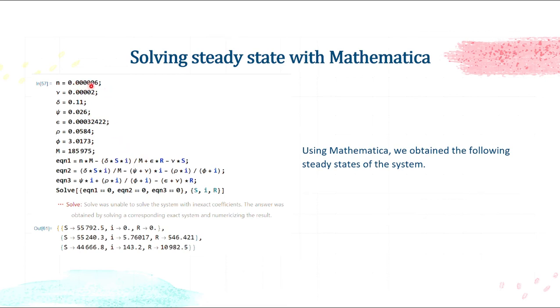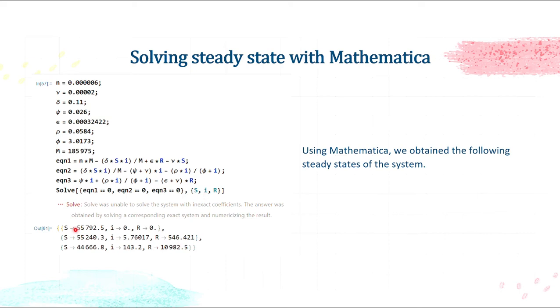We input the following values, 0.0006, 0.002, and so on, and we create the following equation, which is a system of differential equations, and we apply the Solve function with equation 1 equals 0, equation 2 equals 0, equation 3 equals 0. We want to solve for S, I, and R.